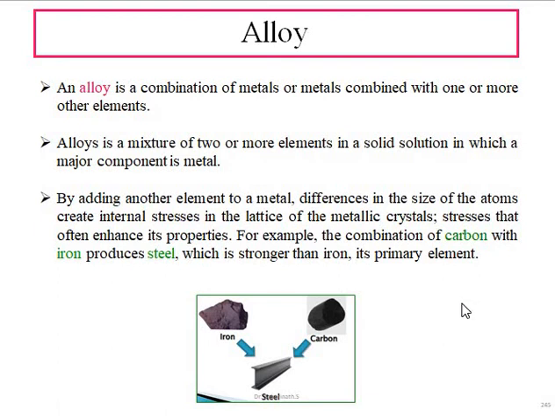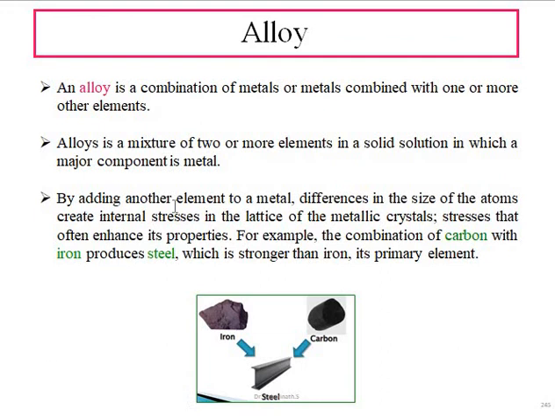This is iron, and when carbon is mixed at various proportions, we get an alloy known as steel. You all know steel, in which applications we use steel, and why we are using it. So how is this beneficial, and why do we need alloys?